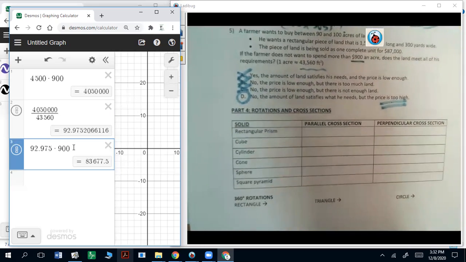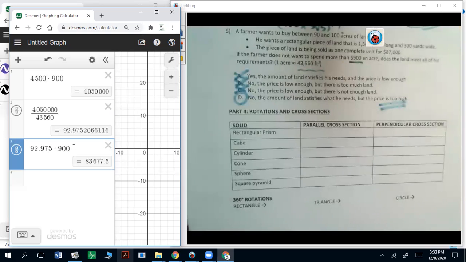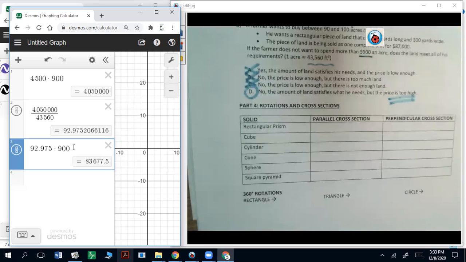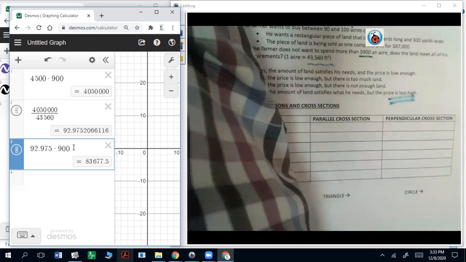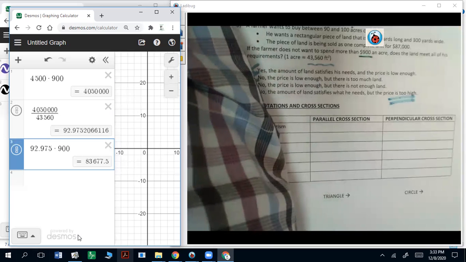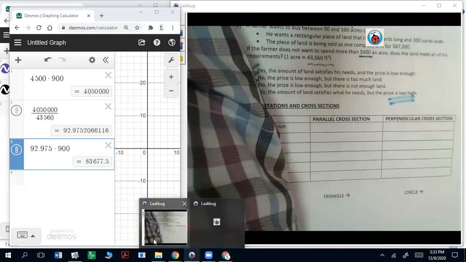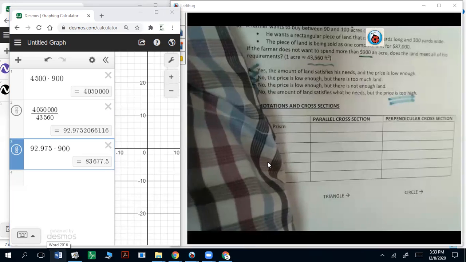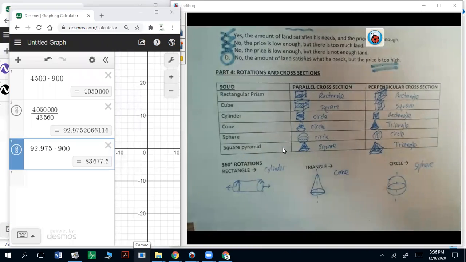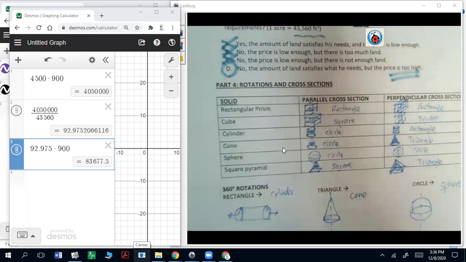All right, let's talk about cross sections and rotations real quick. Okay, I have these all worked out.